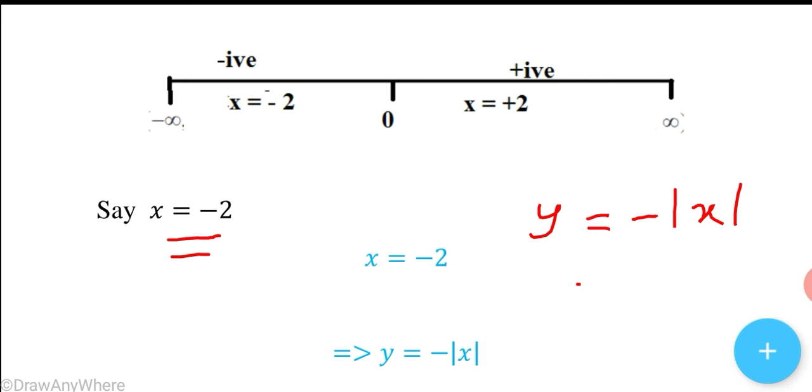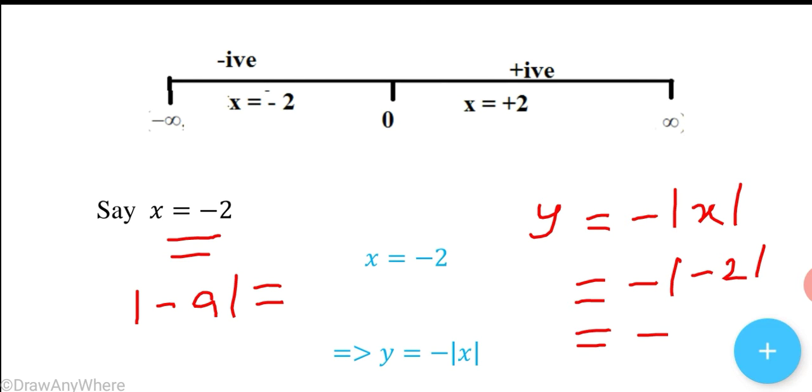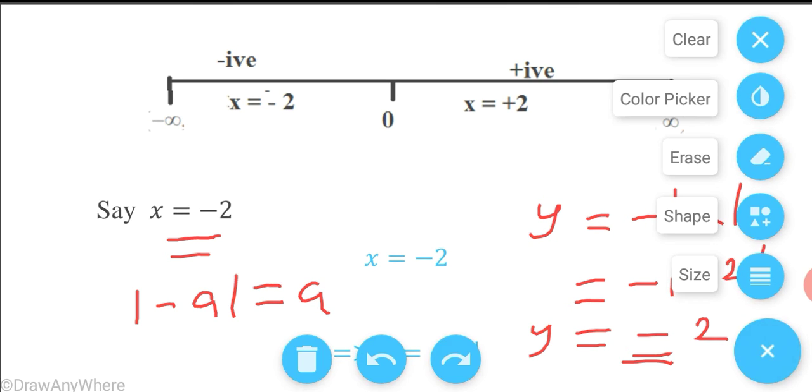So minus modulus of minus 2. Modulus of minus a equals plus a, so modulus of minus 2 is 2. So y is equal to minus 2. For x equal to minus 2 we have y equal to minus 2.